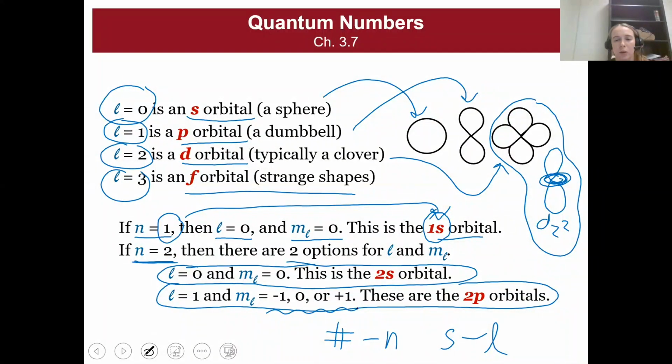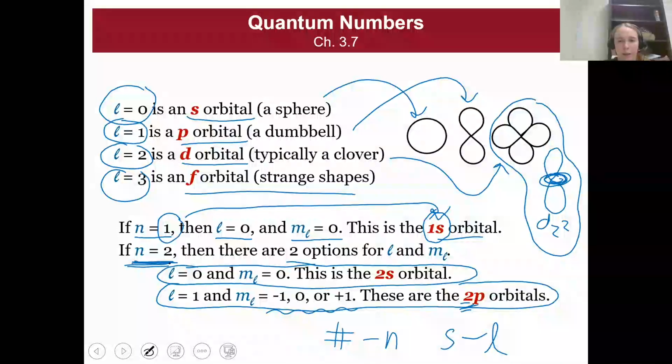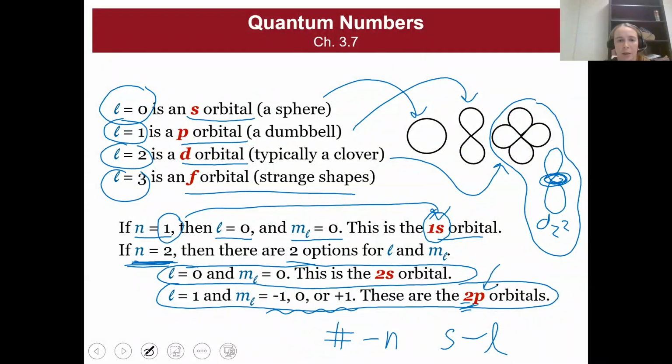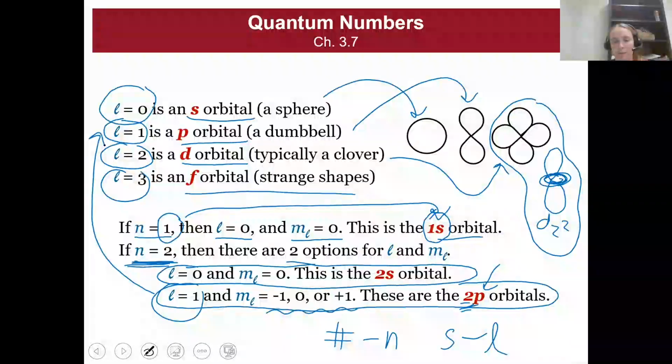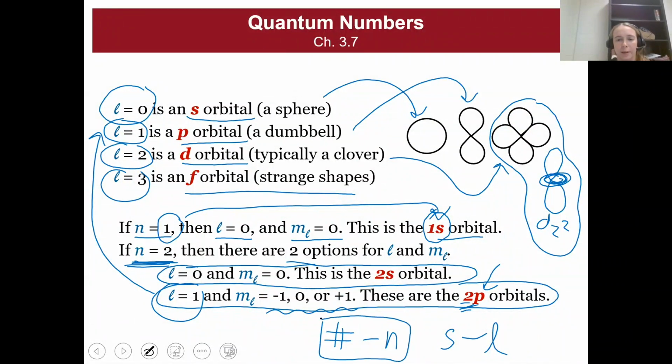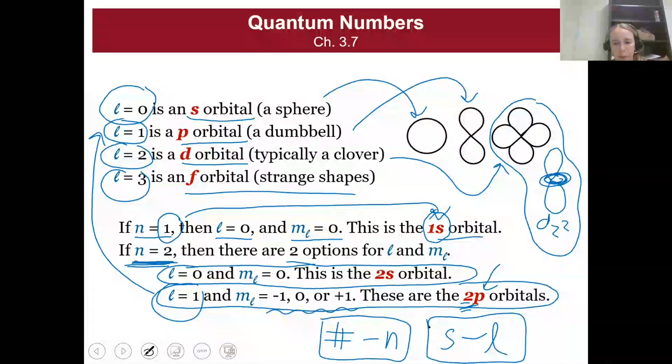And these are the three 2p orbitals. So the 2 comes from the n, and the p comes from the L equals 1 if we look back up here to our table or definitions. Okay, so when you're given a number and a letter, that tells you the n and the L quantum number.